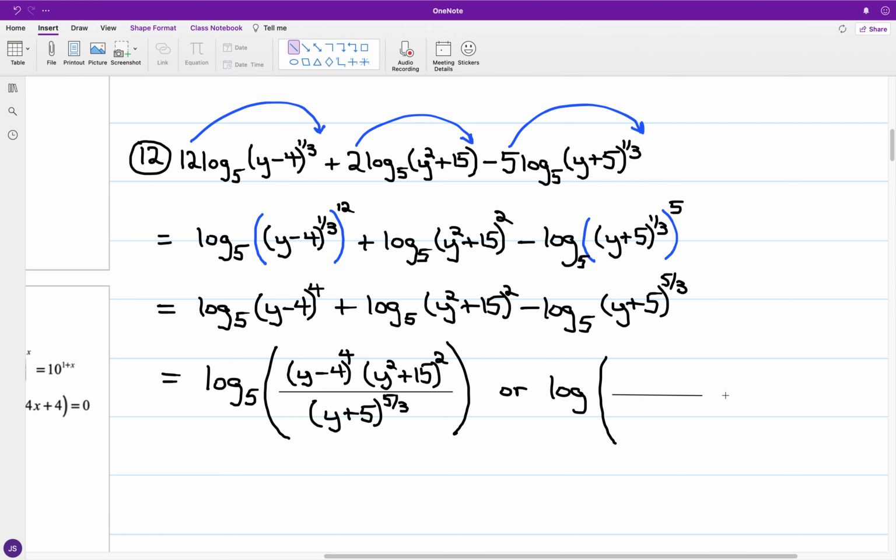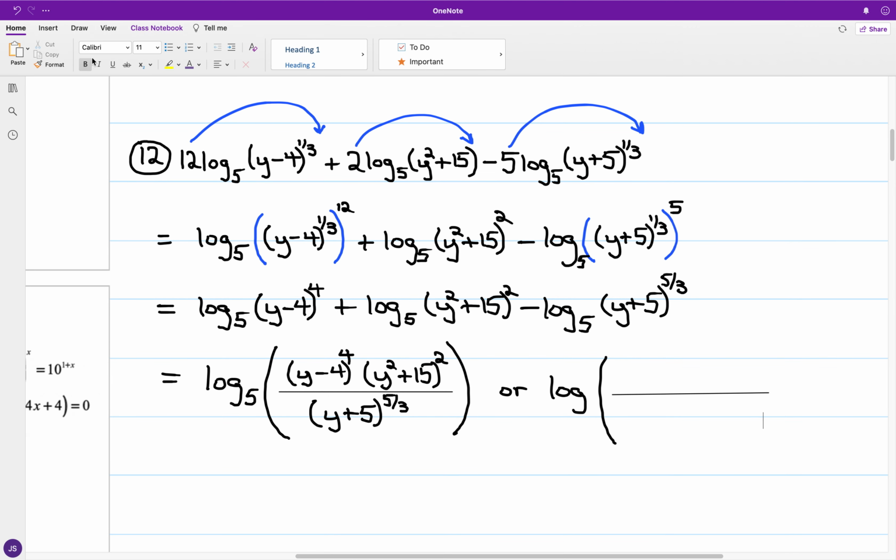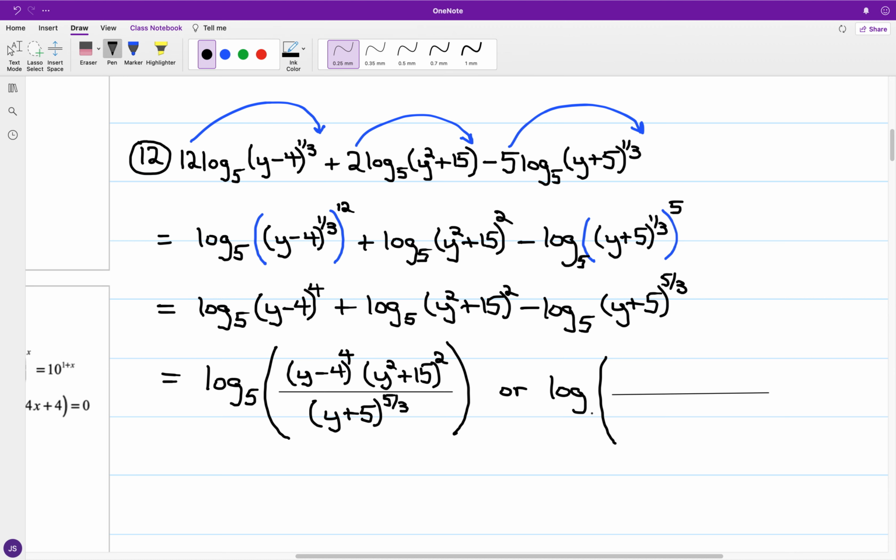So the way that you could express this: we have base 5 logarithm of y minus 4 to the 4th times the square root of y squared plus 15. And for the quantity y plus 5 to the 5/3, you could write this as the cube root of y plus 5 to the 5th.